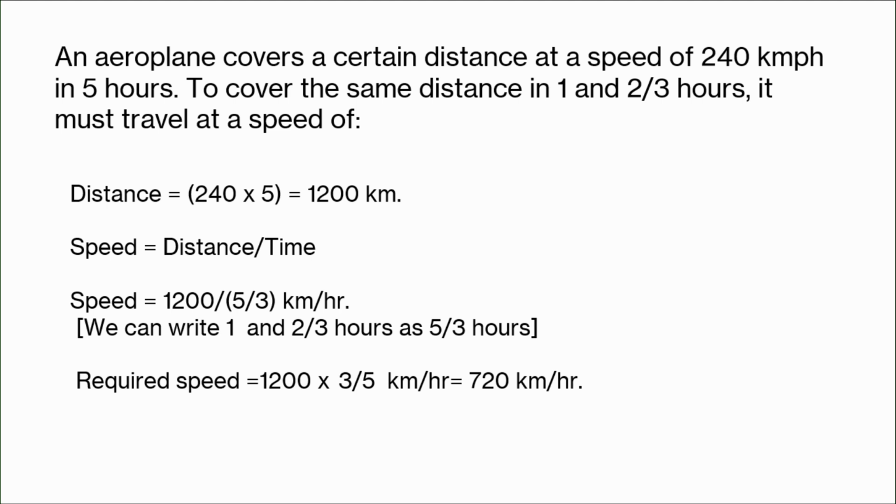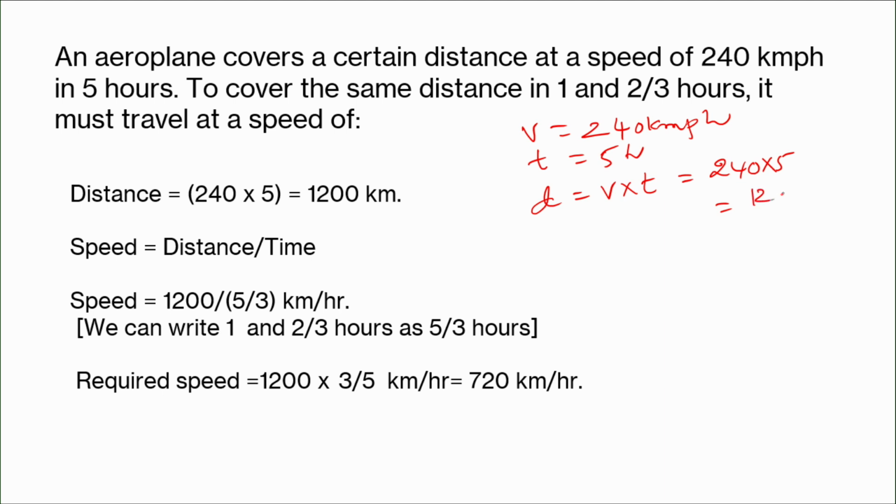First you have to write the speed is 240 kmph and the time is given as 5 hours. So as you know that distance is equal to velocity into time, that is 240 into 5, that is 1200 kilometers. Correct? Okay.